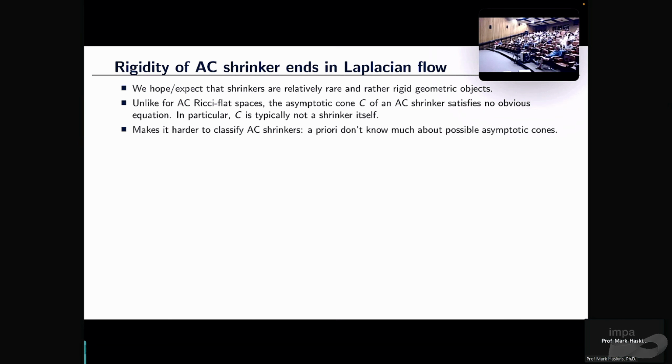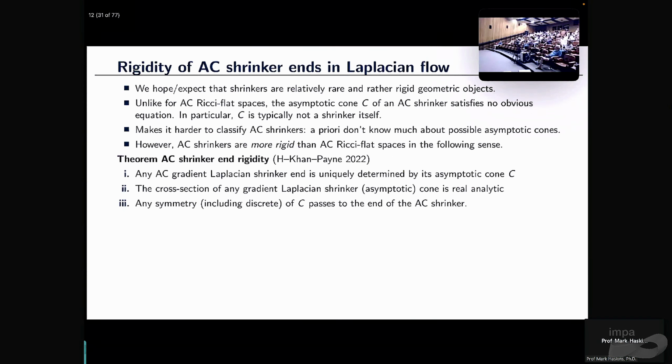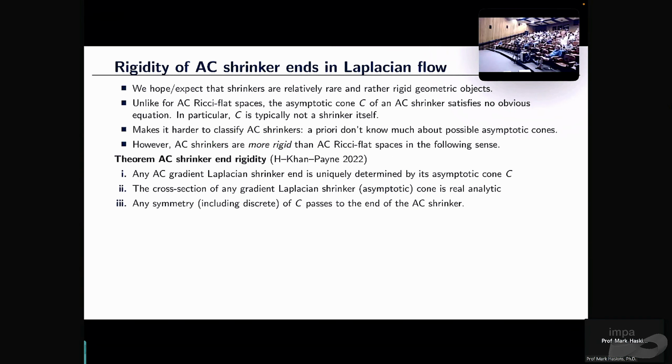So a priori, this seems like it makes AC shrinkers hard to classify because you can't proceed by analyzing the cones directly. On the other hand, there is a way in which shrinkers are more rigid than, say, asymptotically conical Ricci flat spaces in the following sense.